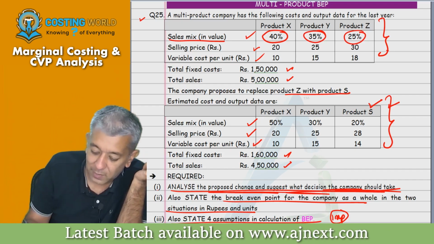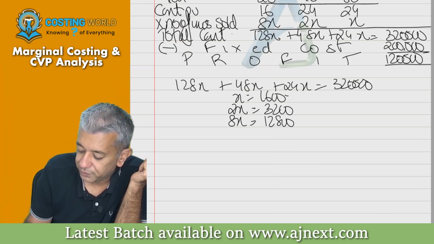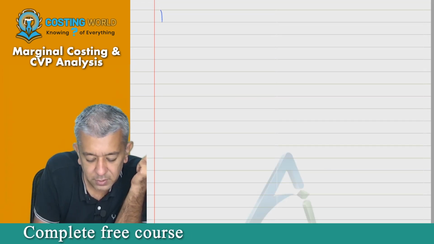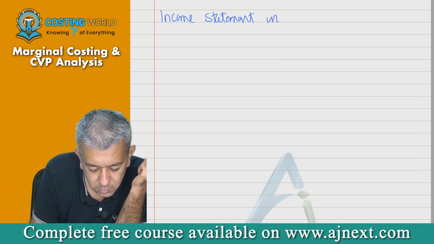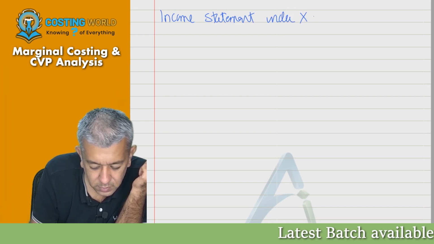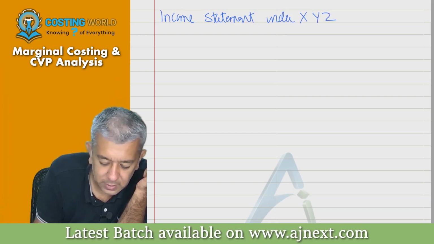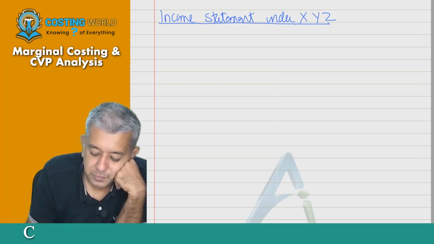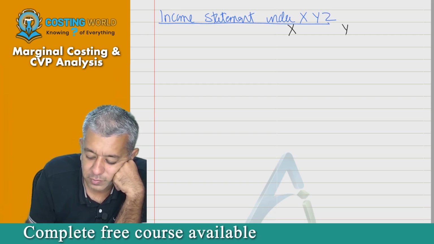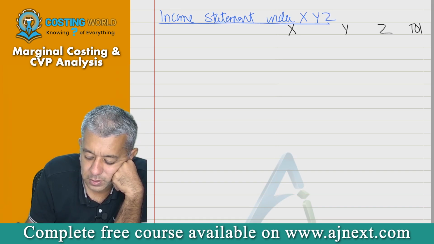You all write down please. Income statement under XYZ. So, X, Y, Z, total.